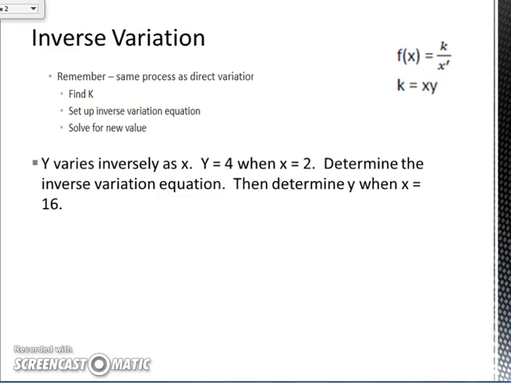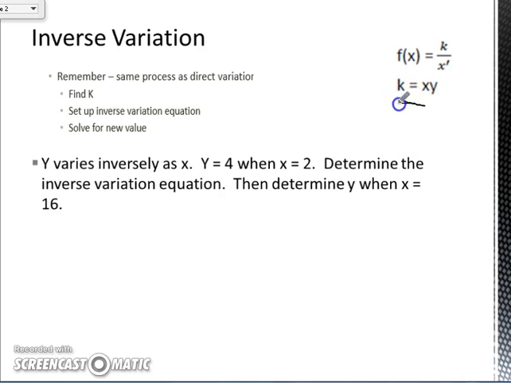We can also apply the inverse variation problems where we're told that there is an inverse variation and we have to determine a new value for a given value. So this is saying that y varies inversely with x. So I know that there's an inverse variation, so I can determine what the constant value is between this ordered pair when y equals 4 and x equals 2.